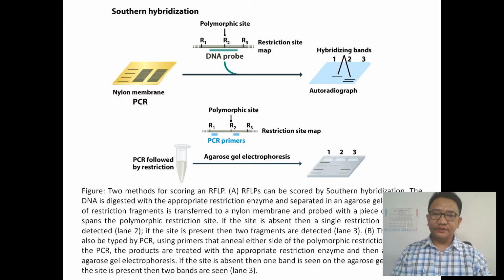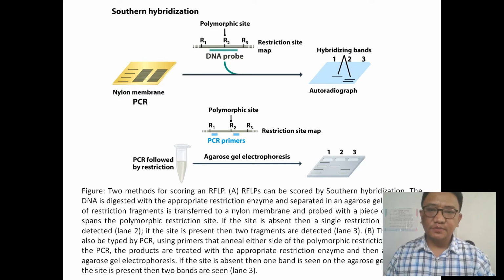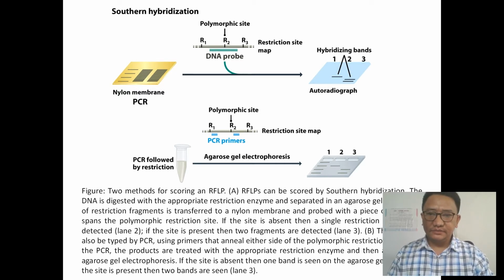If there is no cut in the fragment, it will show as a single band. If there is one cut, it will show as 2 bands. Similarly in PCR, since the primers are designed around the polymorphic restriction site, depending upon the number of restriction sites, it will show a pattern of bands in our agarose gel electrophoresis.